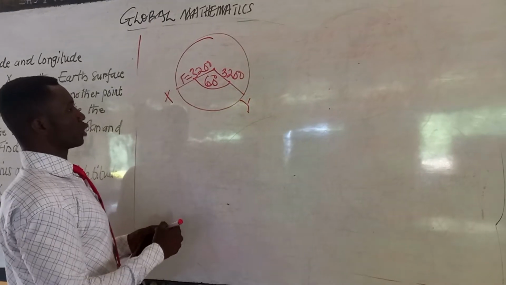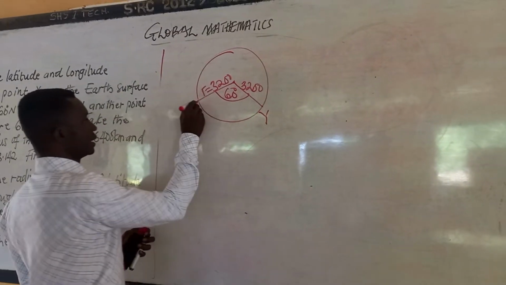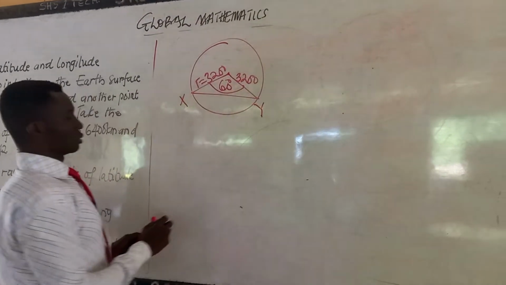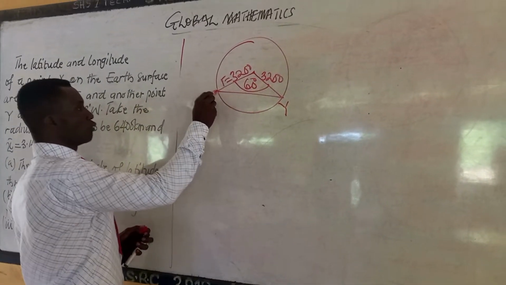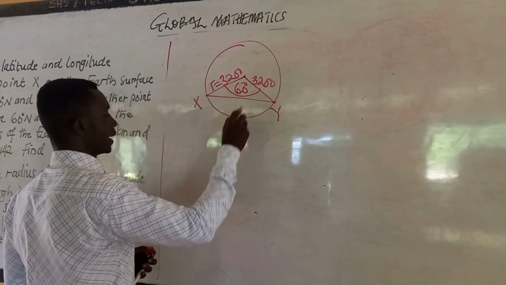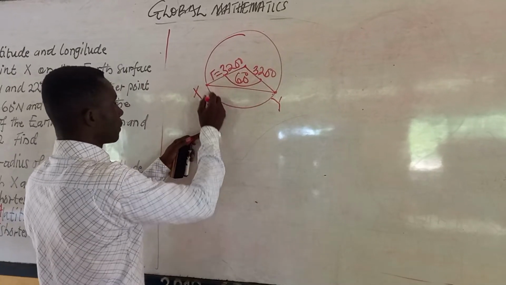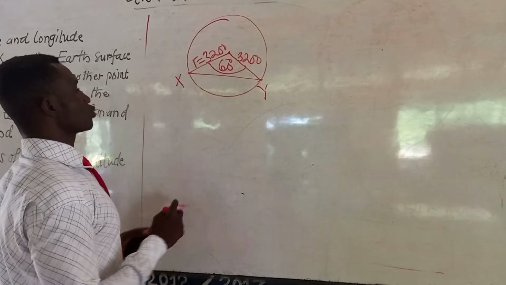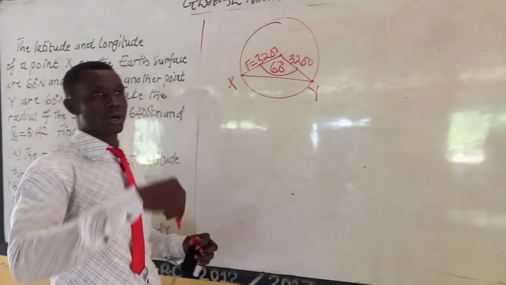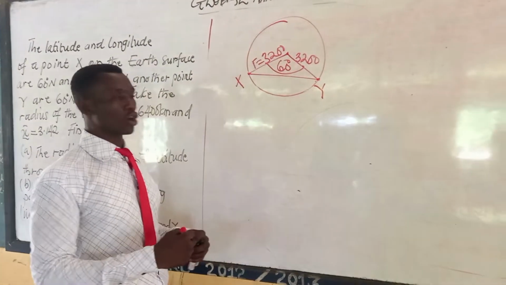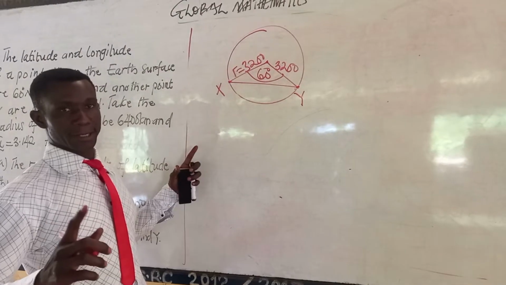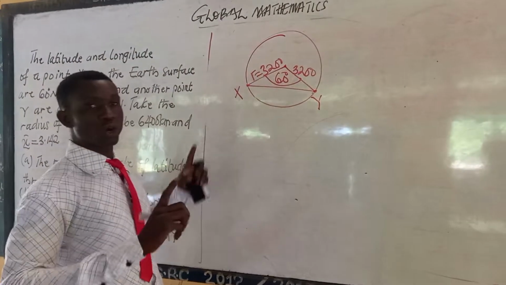So we have to calculate for the shortest distance. If you want the shortest distance, then it will be just the chord. When we ask you shortest distance, for moving from X to Y, passing through the chord will be shorter than passing through the arc. So when they ask you just the shortest distance, they are talking about the length of the chord.